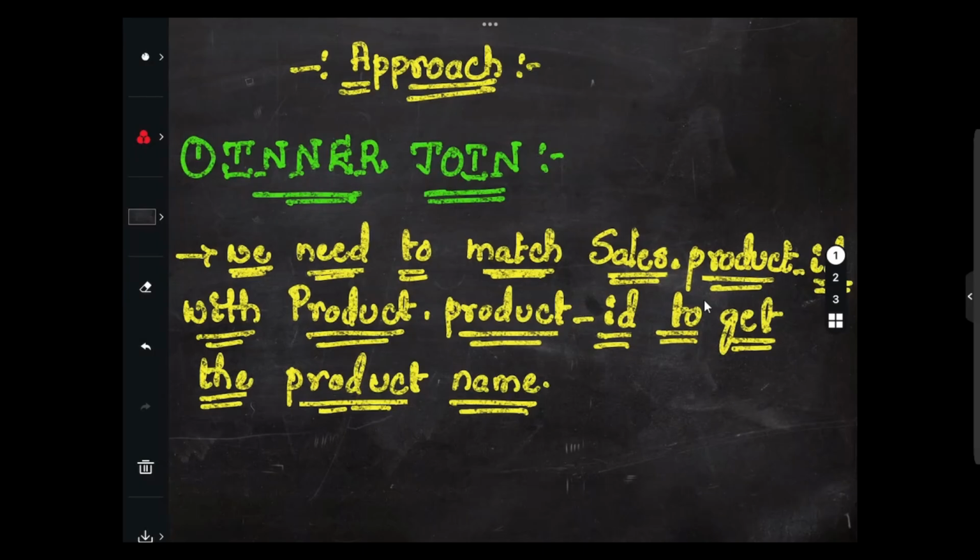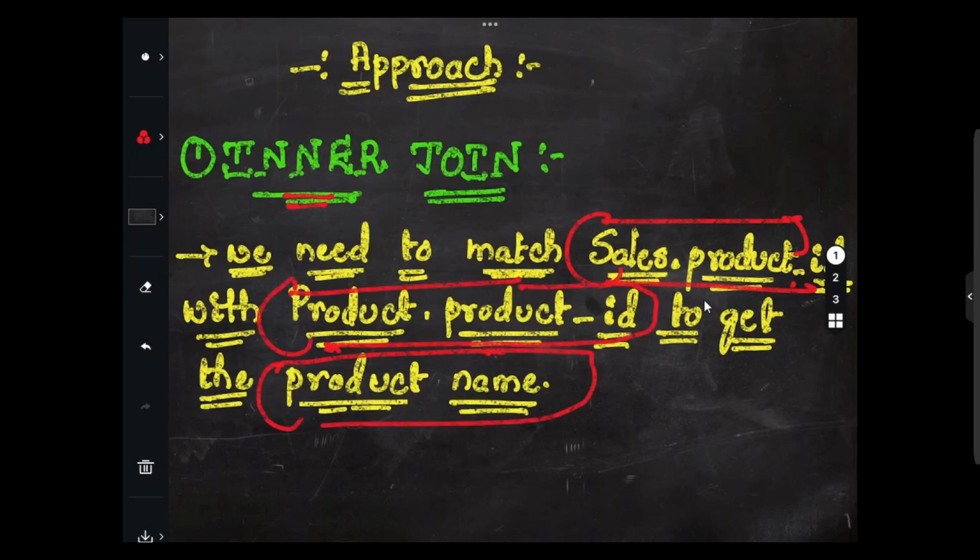So here let's discuss the approach step by step. First thing, we'll be going with the inner join. Let's see why. We need to match sales.product_id with product.product_id. Why do we need to match these both? Because to get the product name. That's what we need in the output.